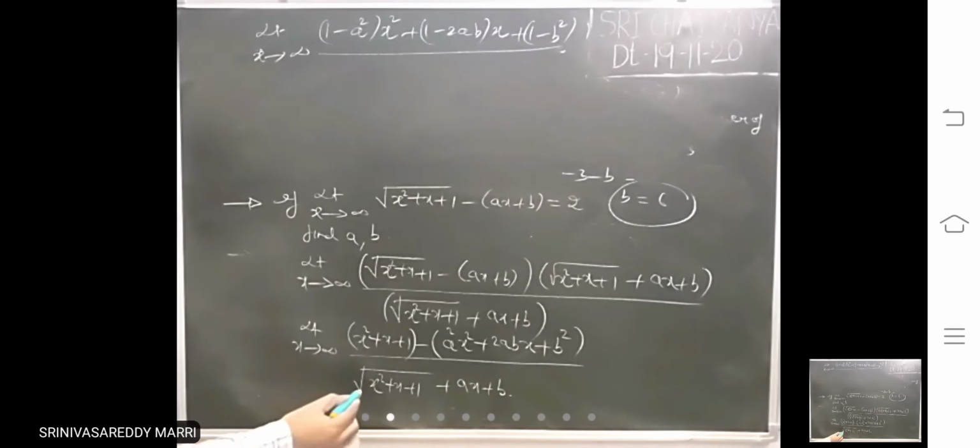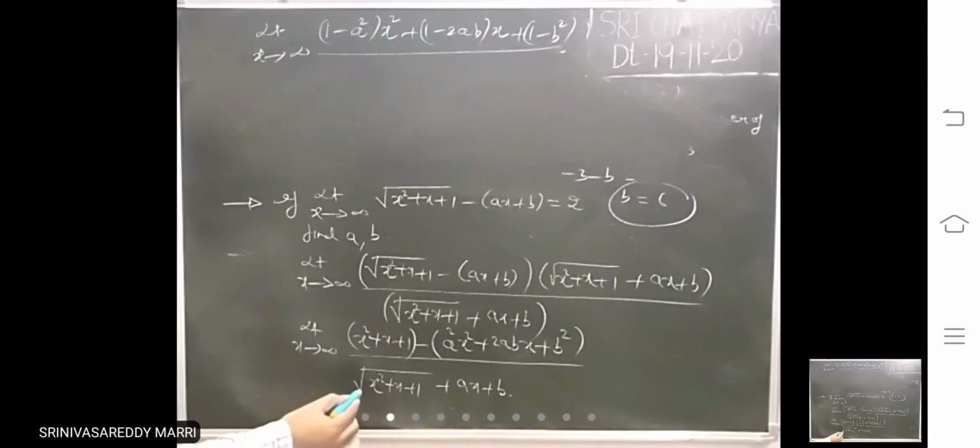If an x square term is there and you take x square common, x will be remaining in the numerator, and the limit will become infinity. In the question the limit value is given as 2. So 1 minus 2ab divided by 1 plus a is given as 2.